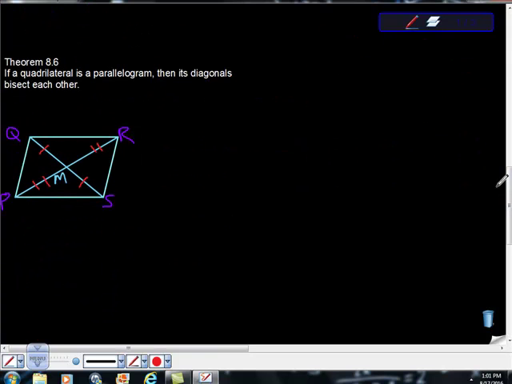Okay, and the last one. If a quadrilateral is a parallelogram, then its diagonals bisect each other. So here we have a parallelogram, and here we can see that the diagonals are bisecting each other. So we can say then that QM, which is right here, is congruent to SM, which is right here.